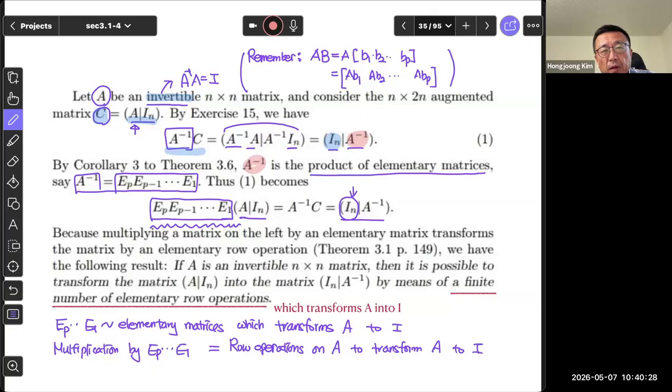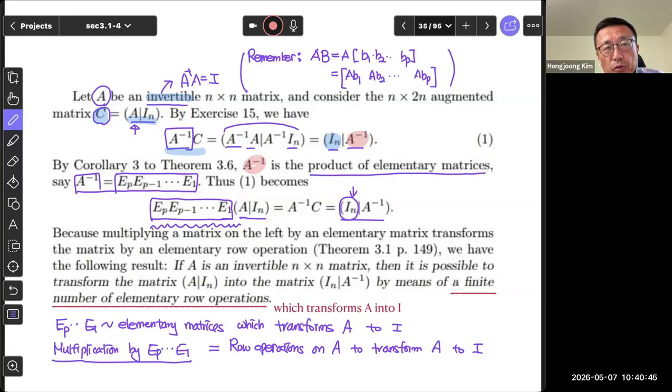So if you perform some elementary row operations on A to change this A to the identity matrix, that is equivalent to multiplying these elementary matrices. Okay, that's what you do above here.